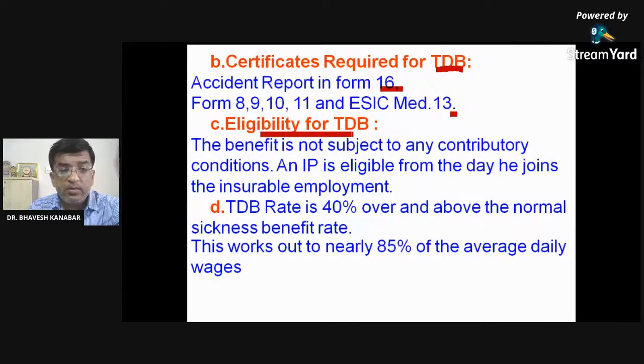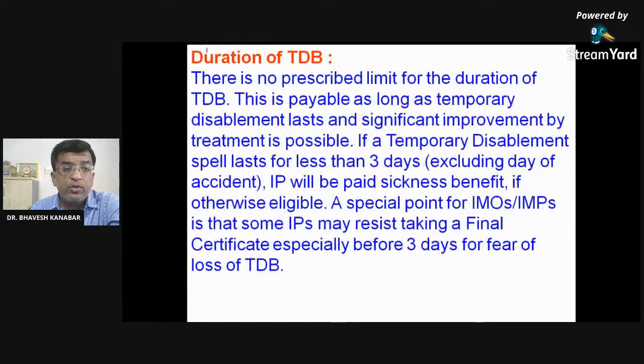Eligibility for this temporary disability benefit is not subject to any contributory condition. An insured person is eligible from the day he joins the insurable employment. Right? Remember this number: 90% of the total wages is provided in temporary disability benefit also.